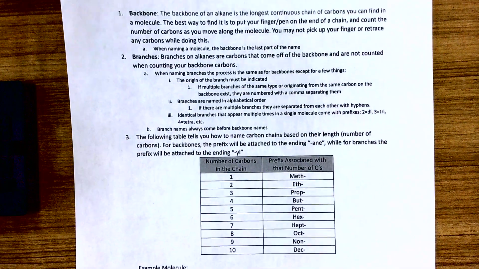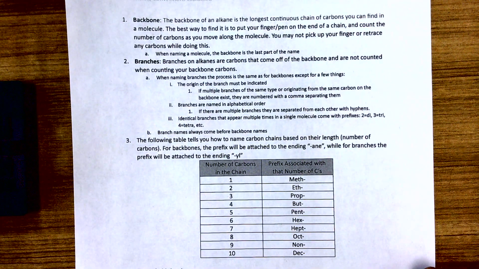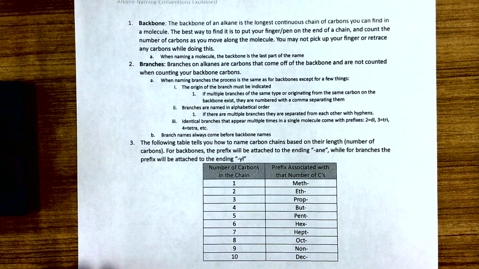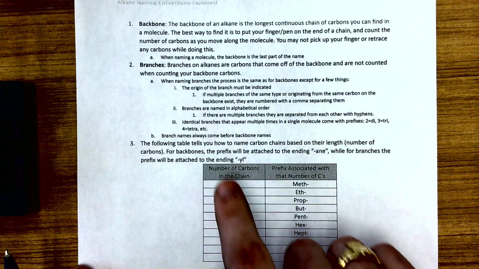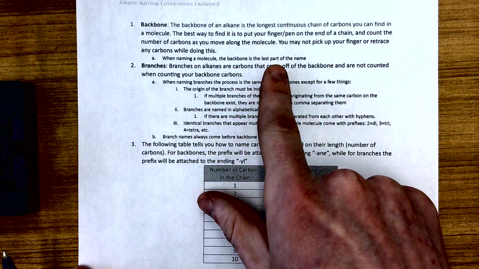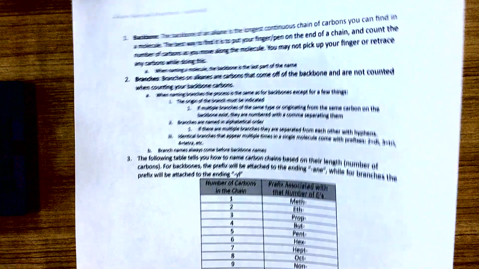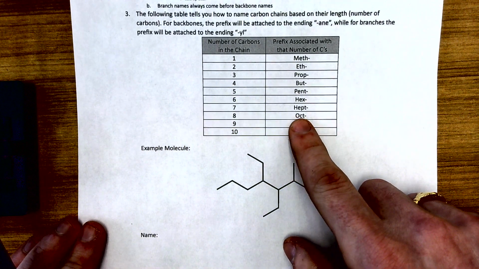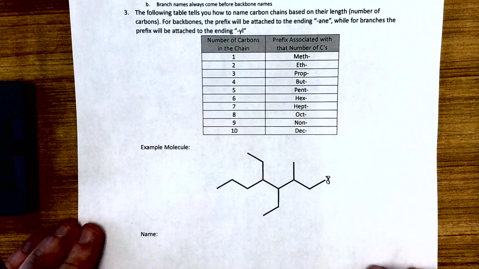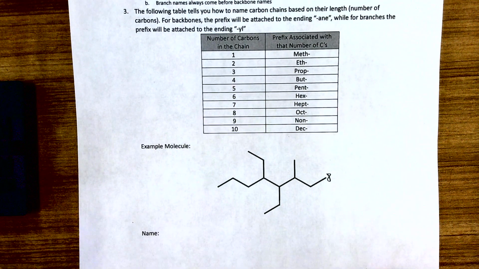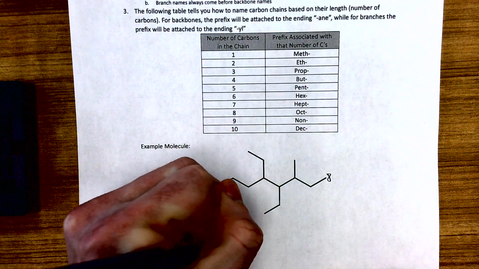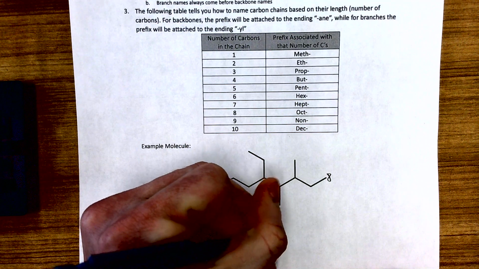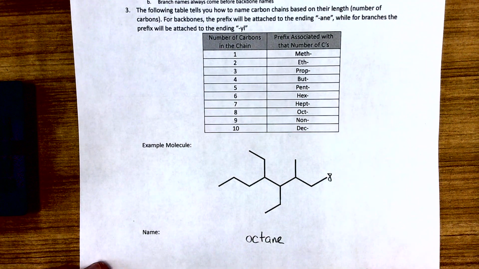And when you are naming a backbone, when there's only single bonds, it's going to end in ane, A-N-E, and this is going to be the last part of the name. So, since this is 8, it's oct, and the backbone ends in ane. And when we name this, the backbone is going to be the last part of the name.